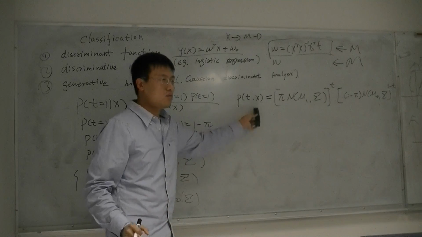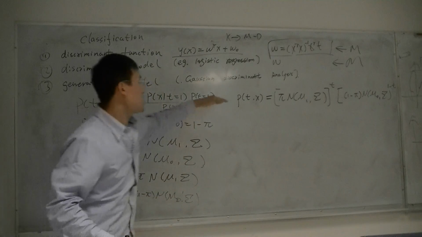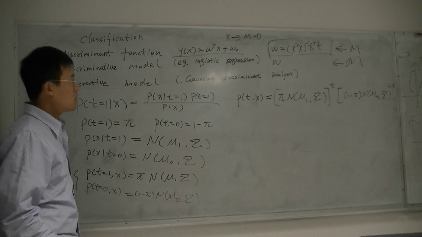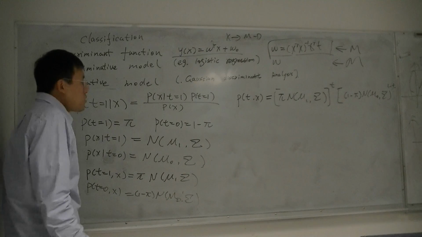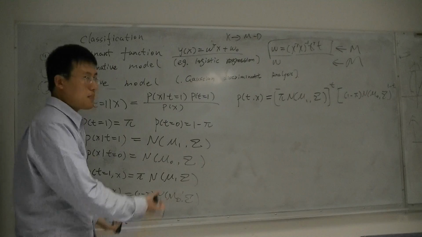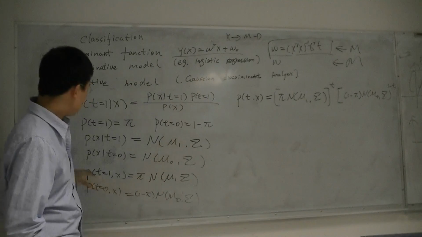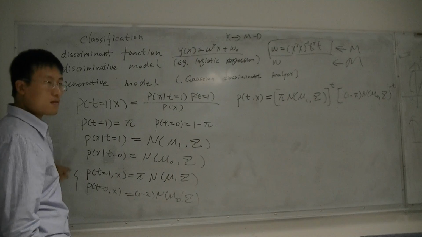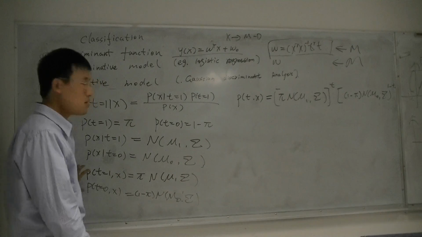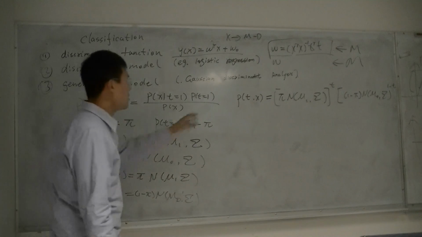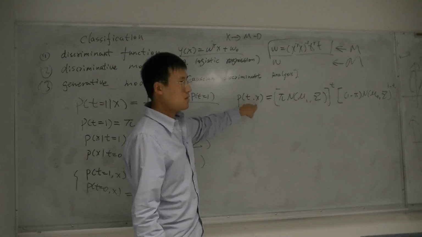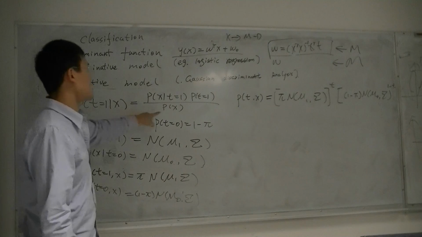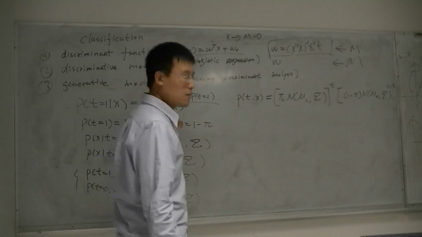This is the joint distribution. In this case, I combine both cases together. T can be 0 or 1. If t is 0, then we get the second term. Otherwise, we get the first term. So we combine both joint distributions together. And maximizing this joint distribution is equal to maximizing the posterior distribution, since the model evidence is constant.